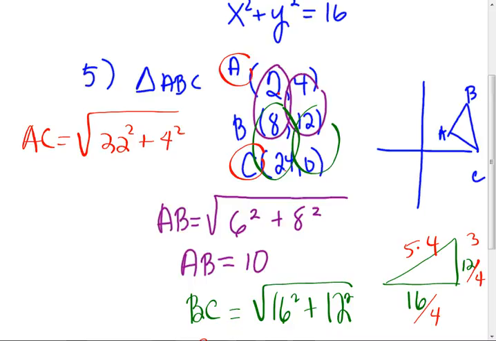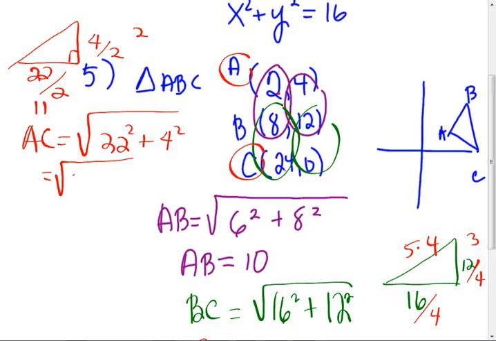And I don't think that's a triple, because if I divide by 2, I get 11 and 2. Are 2 and 11 in my list? No. So I have to do it. This is 484 plus 16, which is the square root of 500, which is approximately 22.36.